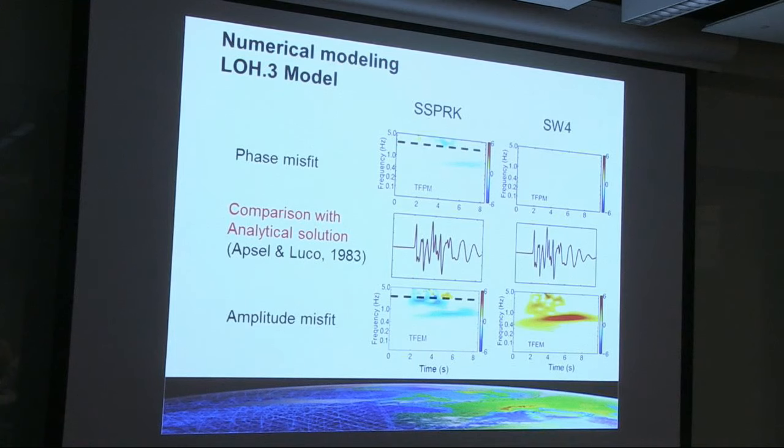So this suggests an improvement of a factor of 2 or 3 with the SSPRK method below the reference frequency, using the quasi-analytical solution as the reference. It verifies the improved accuracy of the SSPRK method for simulating ground motion in a complex anelastic model.